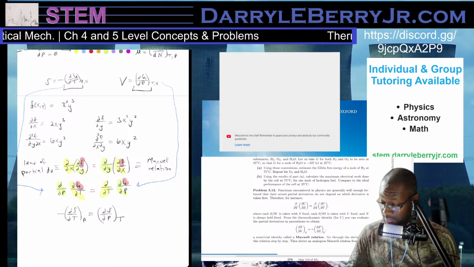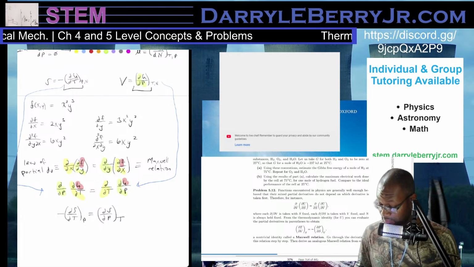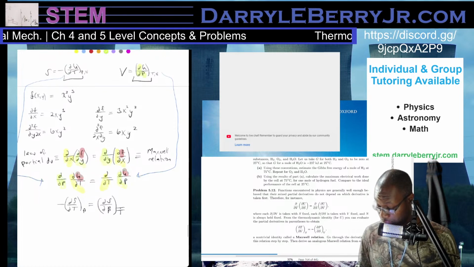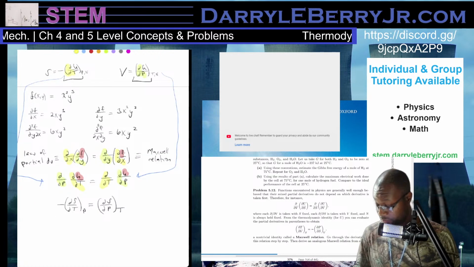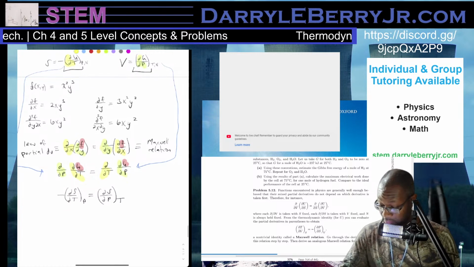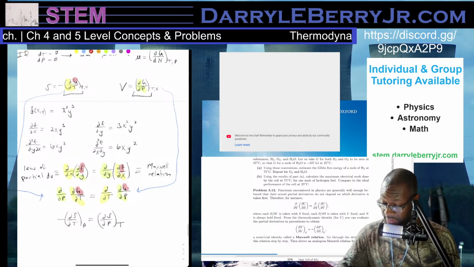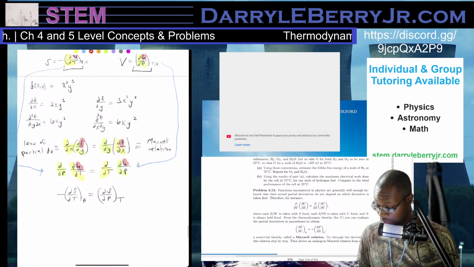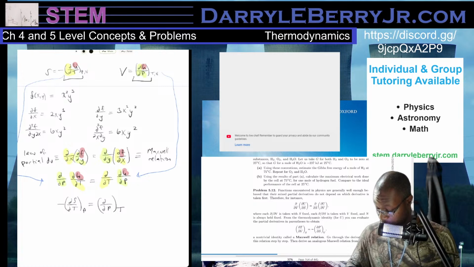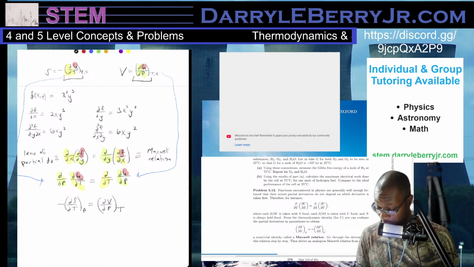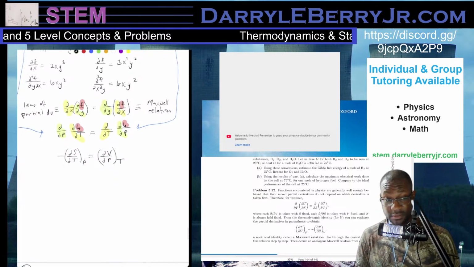Now we have the partial p, and we have the partial t, and we have the g. And we know partial g, partial p is v, and partial g, partial t is negative s.